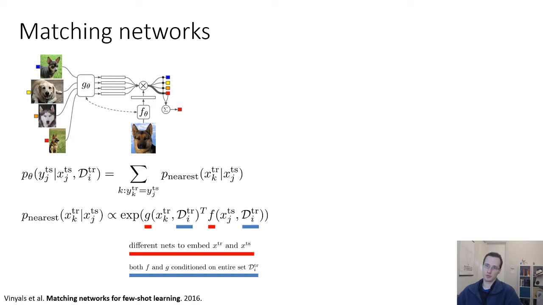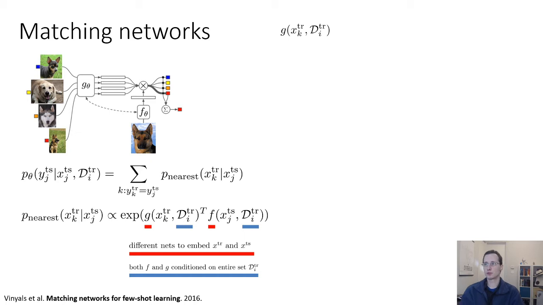But if, for example, you're embedding an image of a dog and the other training images are cats, giraffes, and hippopotamuses, then you might choose different features. You might choose features that are useful for discriminating between different kinds of animals rather than different breeds of dogs. So that's why both G and F actually depend on the entire training set, because the way that you would choose to represent XTrain and XTest might depend on what the other images actually are.